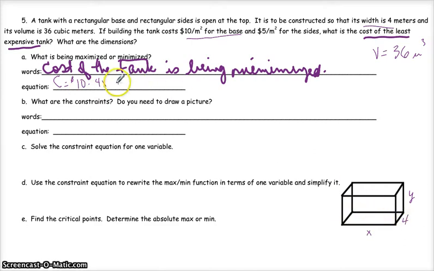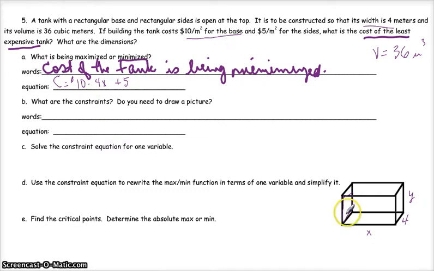Now we need to add the cost for the area of each side. Well, we have 4 sides, 1, 2, 3, 4. Remember, we're not calculating the area of the top because the top is left open. So let's multiply $5 times the area of the sides. Okay, so we have this side here.